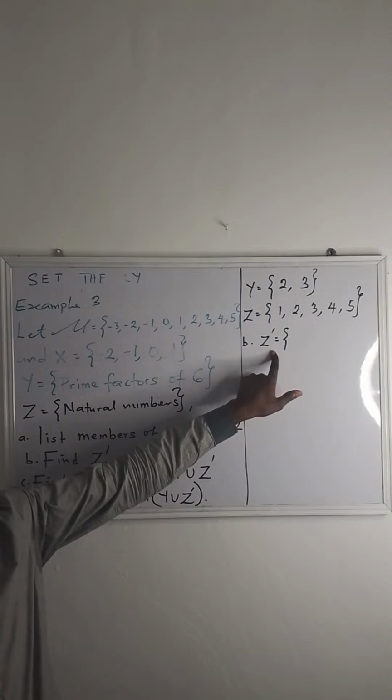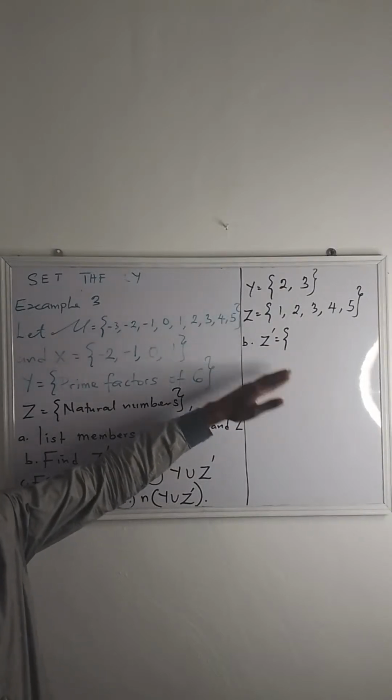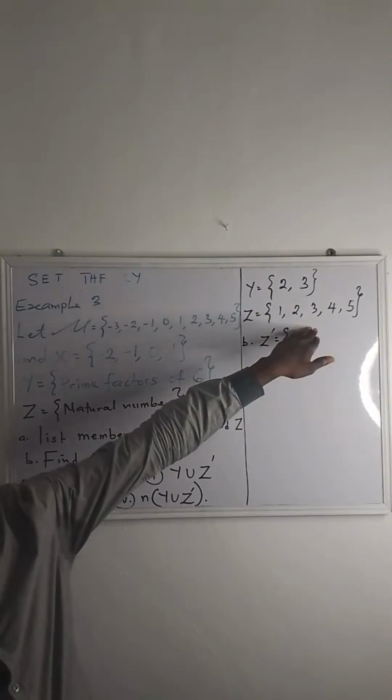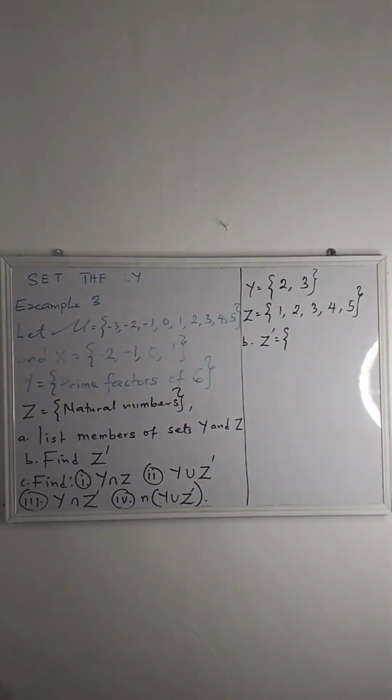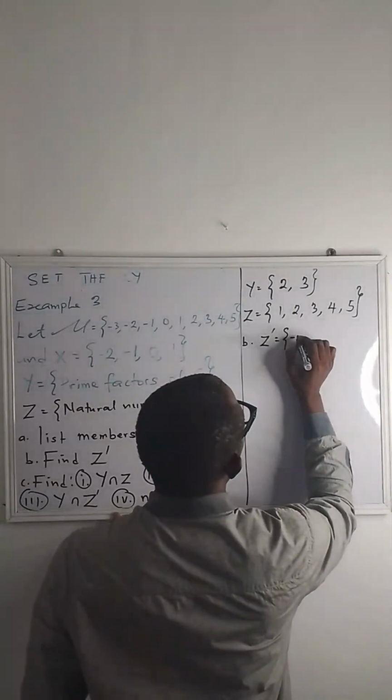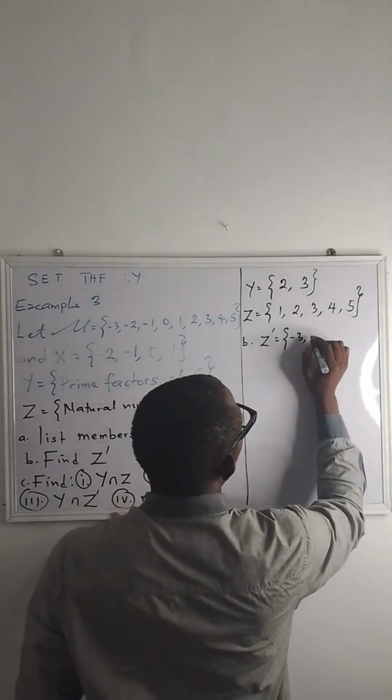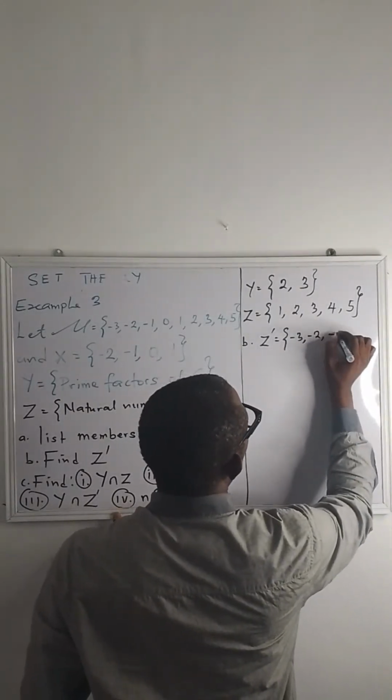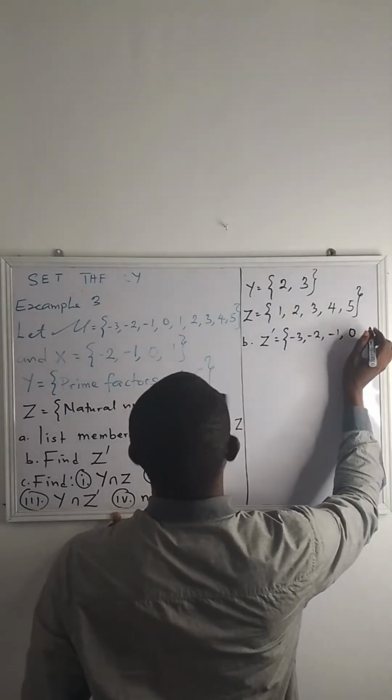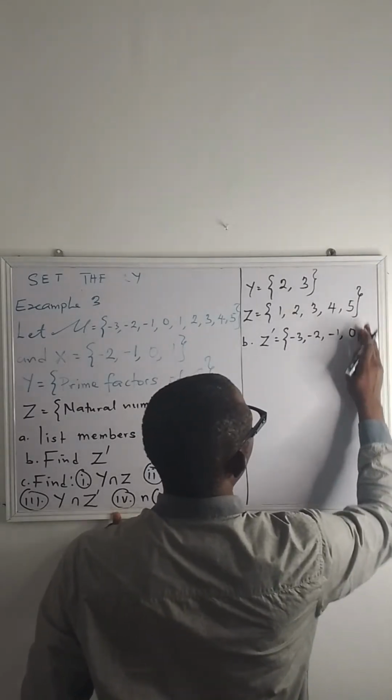Please don't forget, complements are those elements that are in the universal set but are not in set Z. So let's list. We have -3, -2, -1, 0. Okay, so this is where we are stopping.